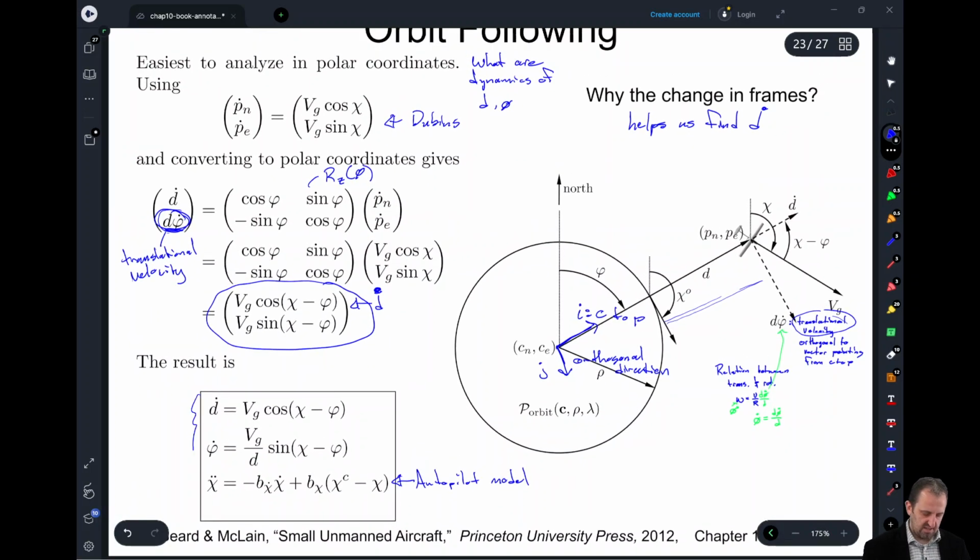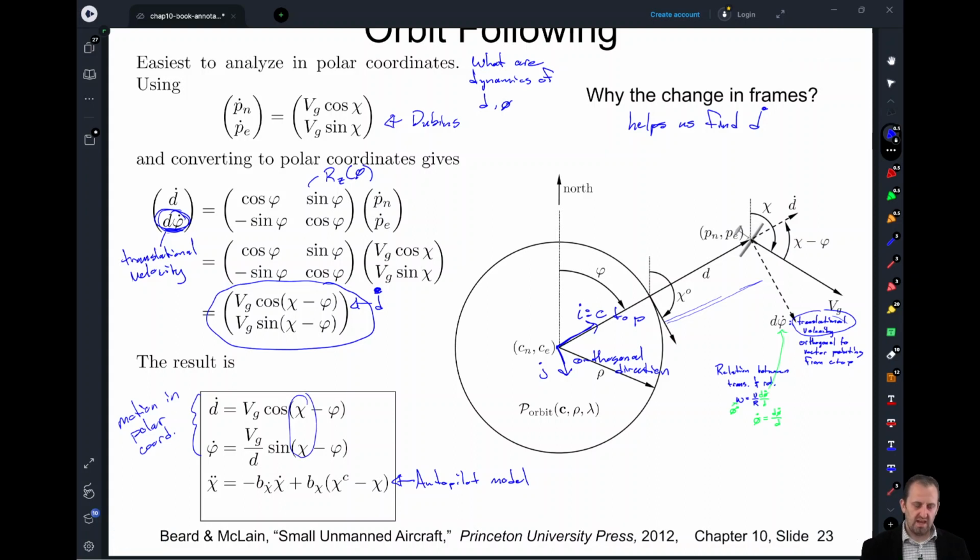Right here, this is our motion in polar coordinates. Now it's dependent on our course angle, and it's dependent on phi, which is currently one of our states, right? So let's design a controller that'll send us to 0.